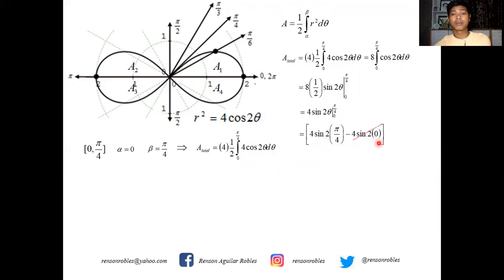And we all know that sine 2 times 0 is sine 0, which is equal to 0. And then you have sine 2 times pi over 4 is sine pi over 2, which is 1. So you only have 4 times 1 for the first term. And then the total area is equal to 4 square units.